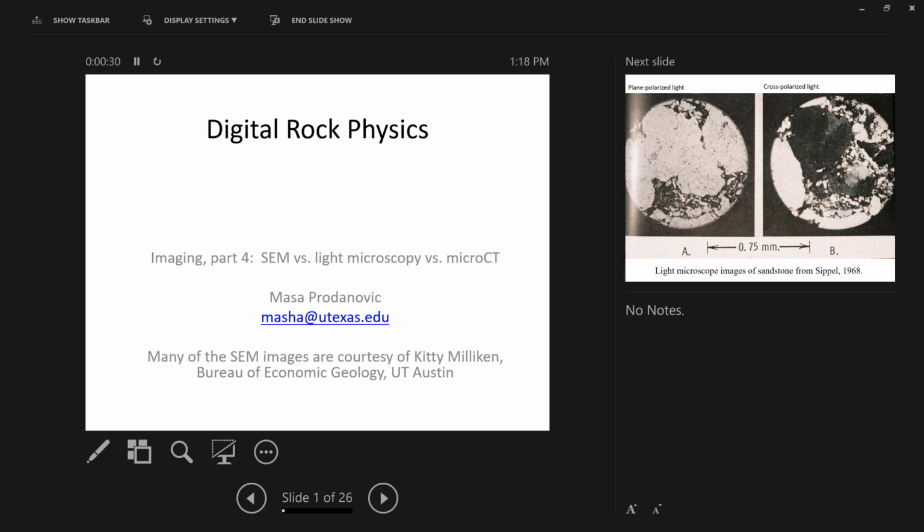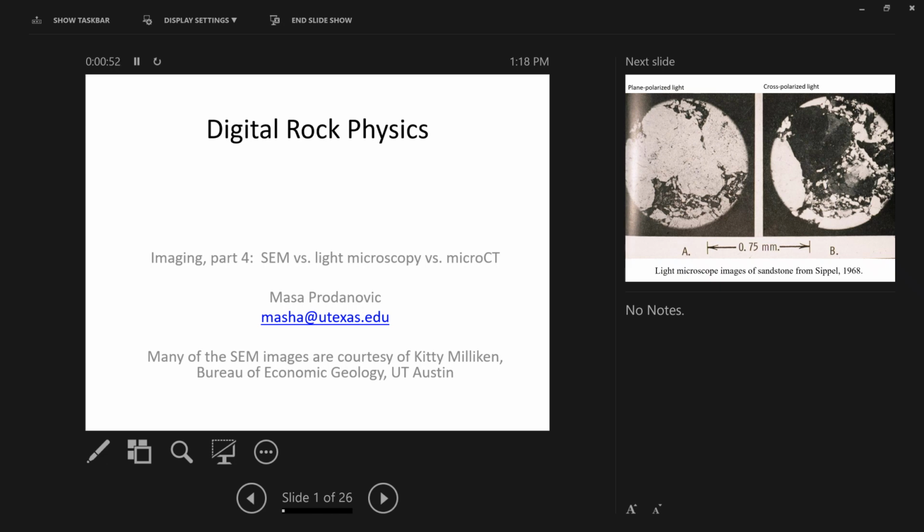She has spent a lot of time imaging unconventionals, which are difficult because you have to go to nanometer scale. But basically recognizing what you're seeing in a microscopy image is non-trivial.